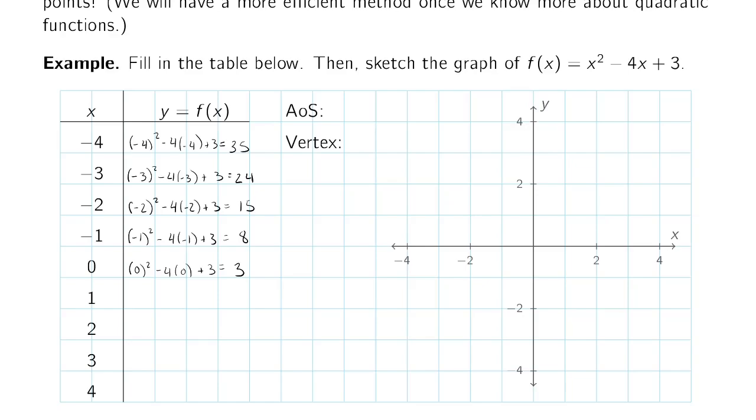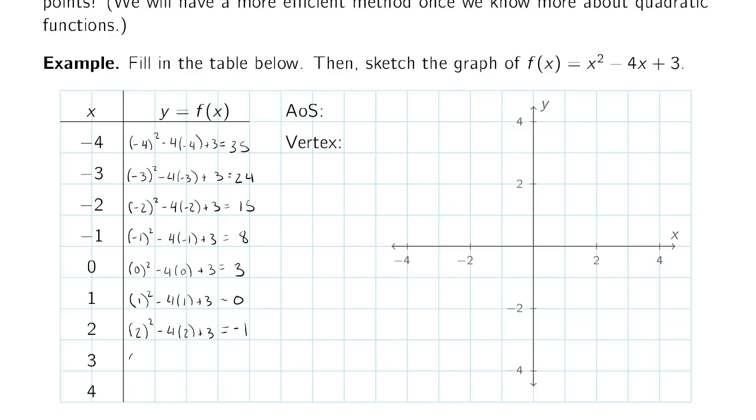When x is 1, we'll have 1 squared minus 4 times 1 plus 3. I think that that's 0. Okay, these are turning out to be some nice points. When x is 2, we'll have 2 squared minus 4 times 2 plus 3, which works out to be -1.